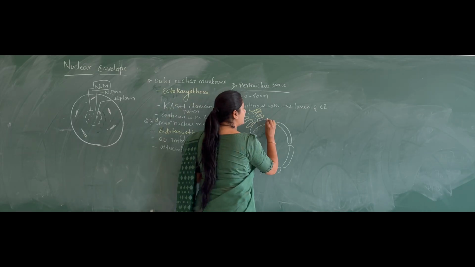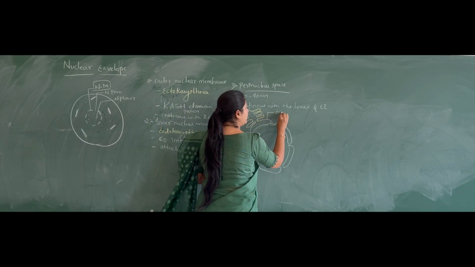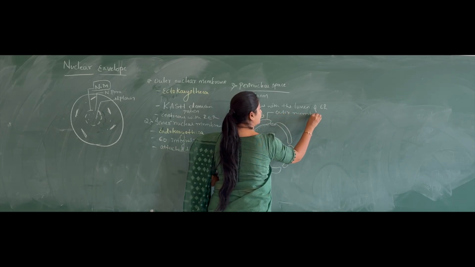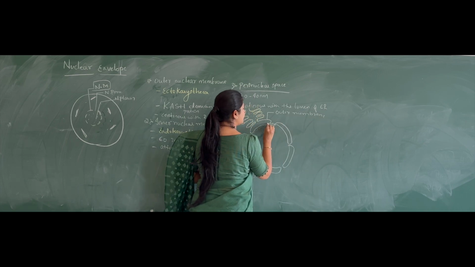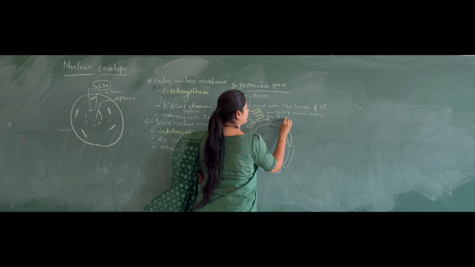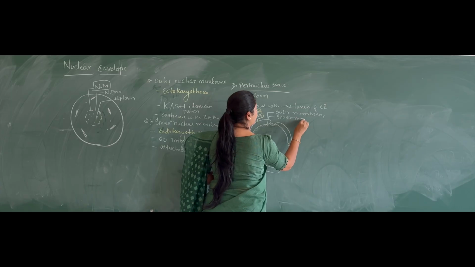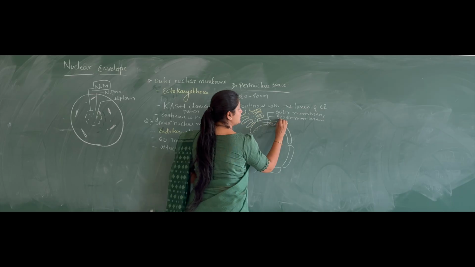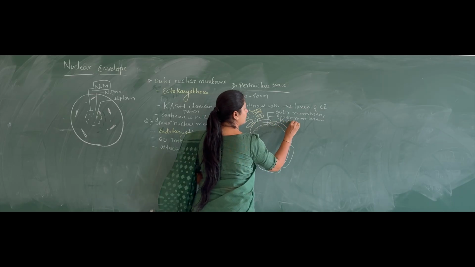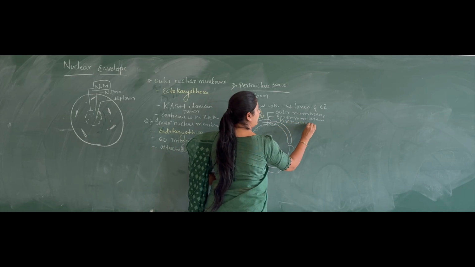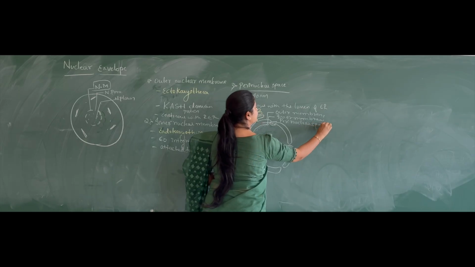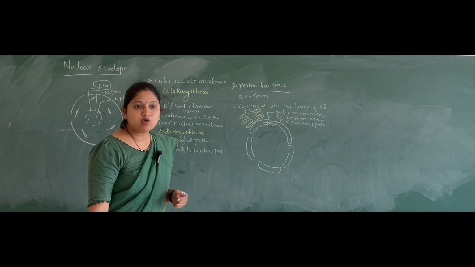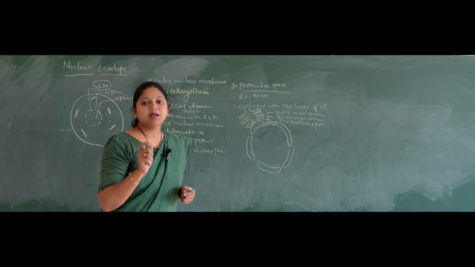So this is the outer membrane, this is the inner membrane, and this is the perinuclear space. These are the three major components of the nuclear membrane.